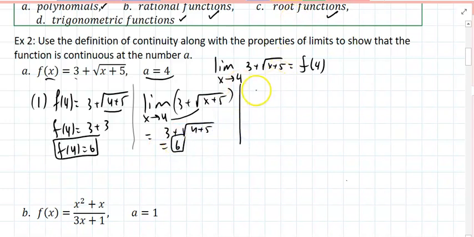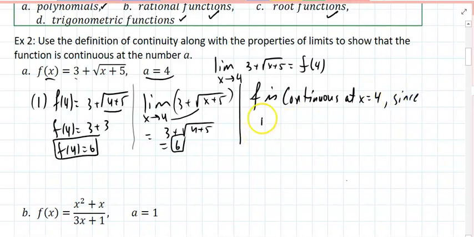So my conclusion: f is continuous, I can write that nicer. f is continuous at x equal 4. Why?